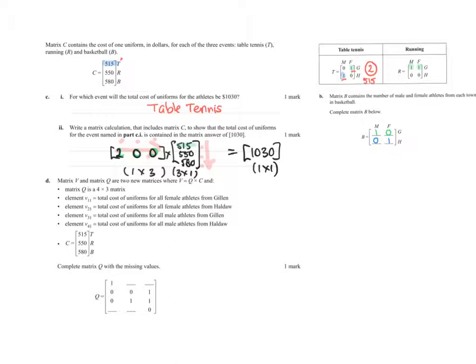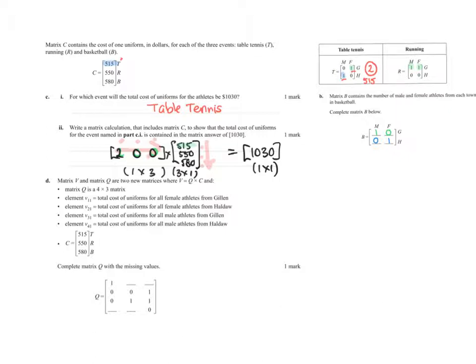All right, question D. Matrix V and Q are 2 new matrices where V equals Q times C. Matrix Q is a 4 by 3, and it's telling me the element V11 equals the total cost of uniforms for female athletes at Gillian.